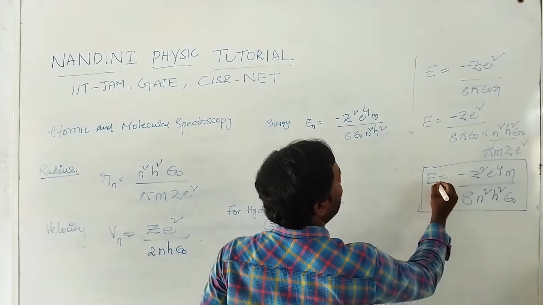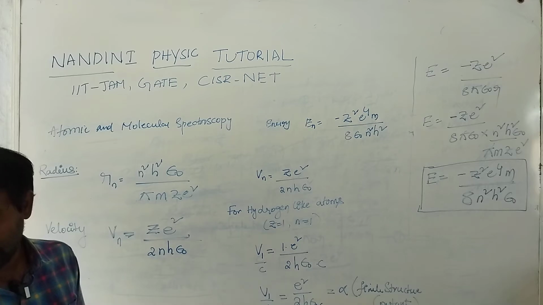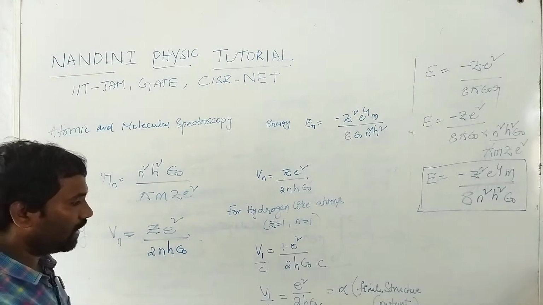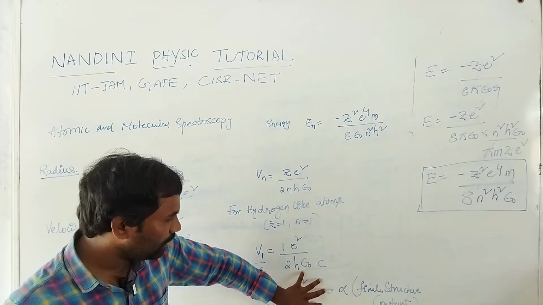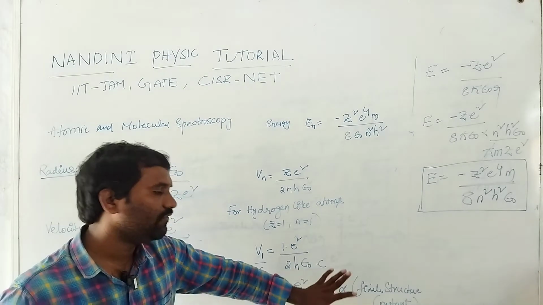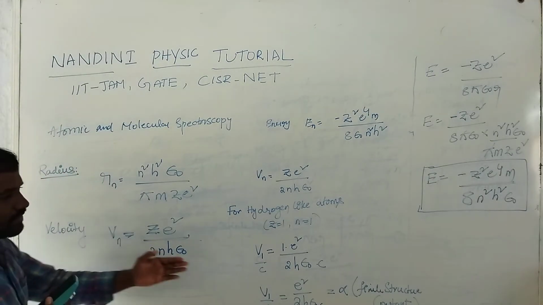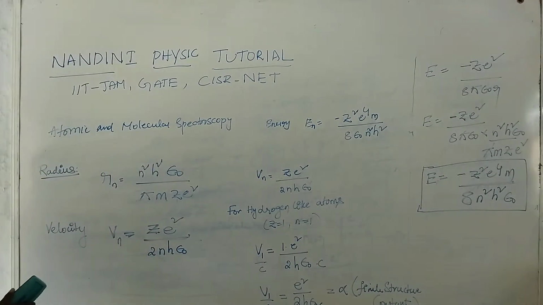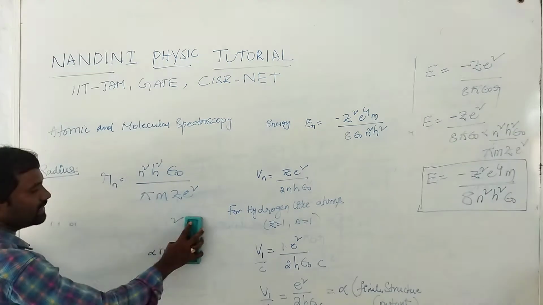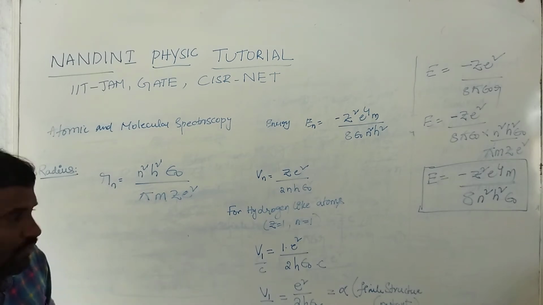First of all, I change the radius by using this alpha constant.